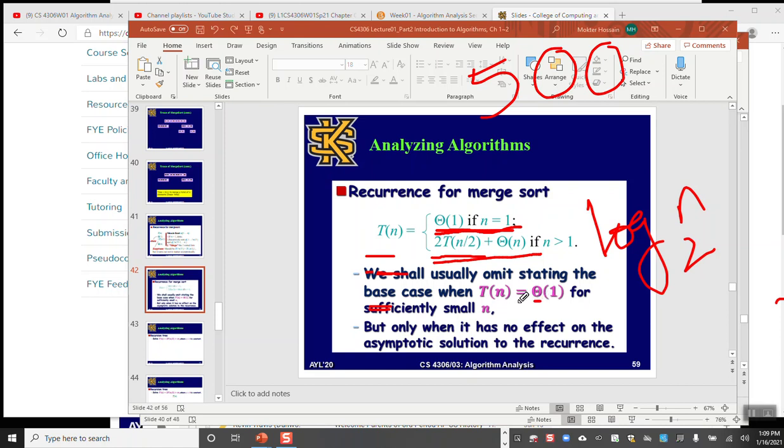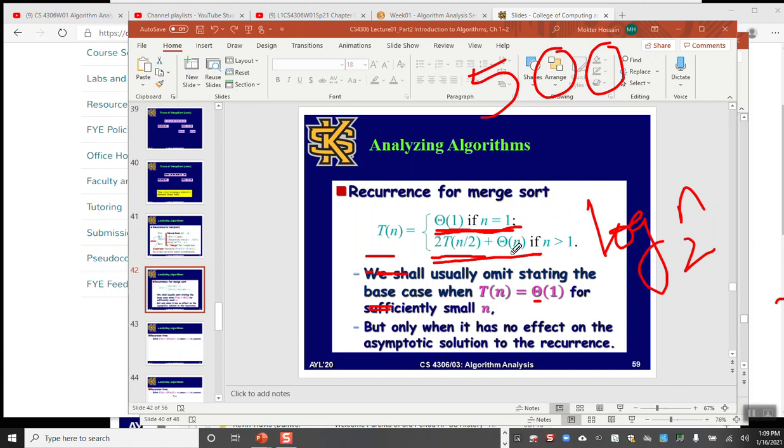We consider that this is the same for small n, and it has no effect on the asymptotic recursive solution. But when n is a large number, not just greater than 1 but pretty large, it has an effect.